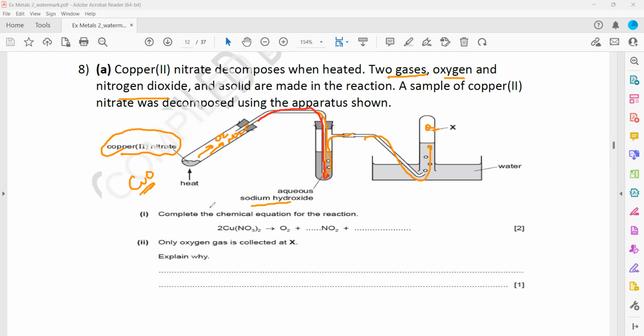So the first part: complete the chemical equation for the reaction. So we have to complete the equation for a reaction here. So copper oxide, and then we have to balance as well. Balance this equation. Copper oxide is there. What will be the coefficients to balance nitrogen dioxide and copper oxide?